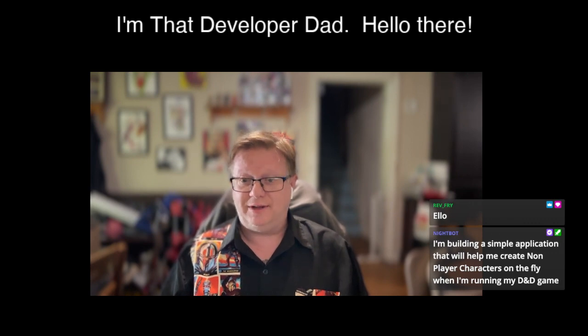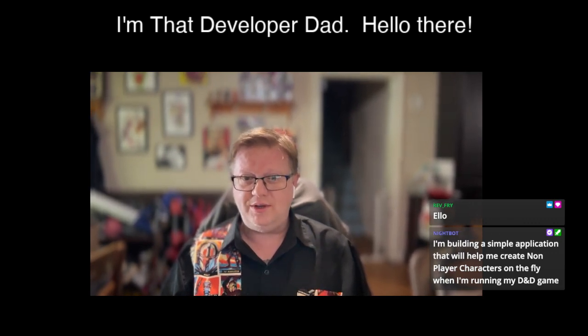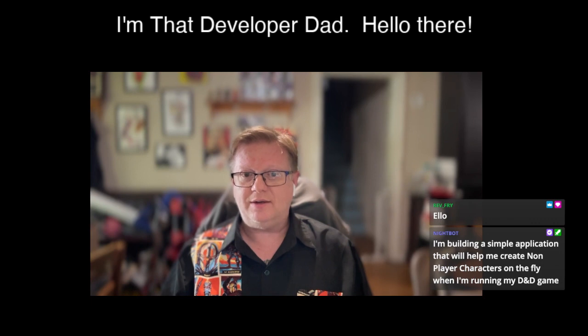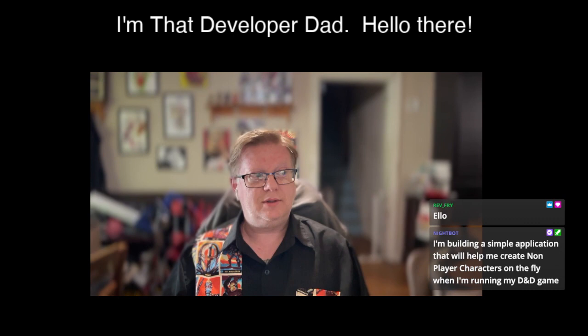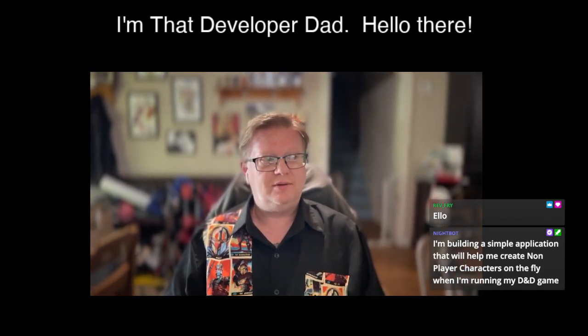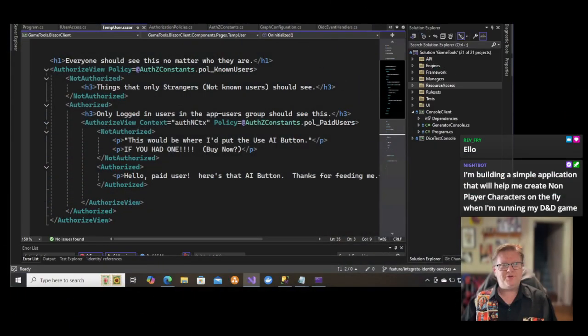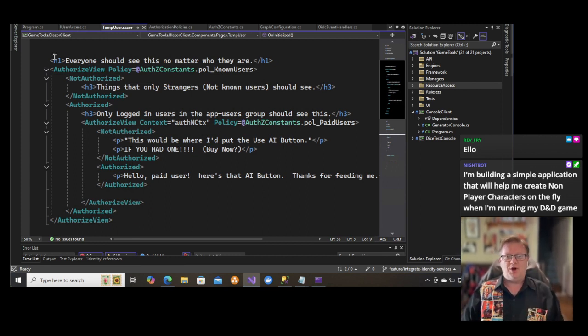And the way we use this thing in our Blazor code is kind of elegant and beautiful. I'll flip over to my main screen here, and this is what it looks like when we nest things. Obviously everyone should see this no matter who they are, in the big header tag at the top. And we can run it.